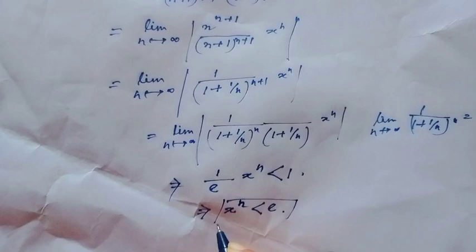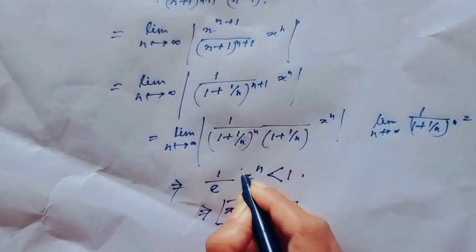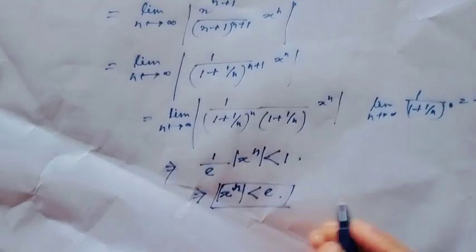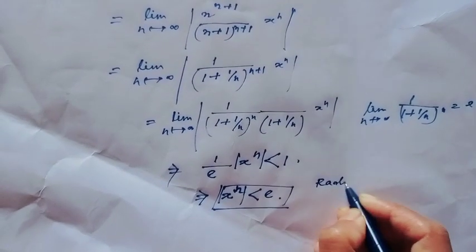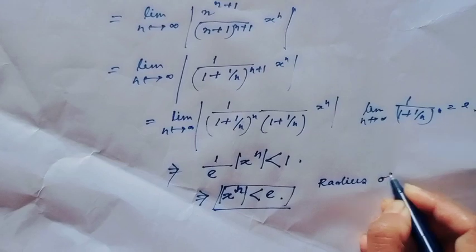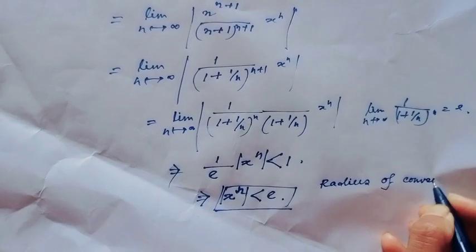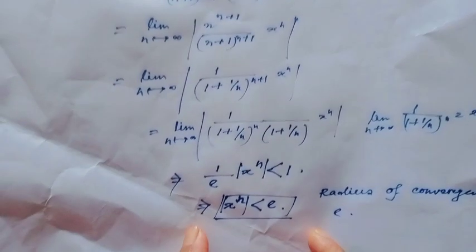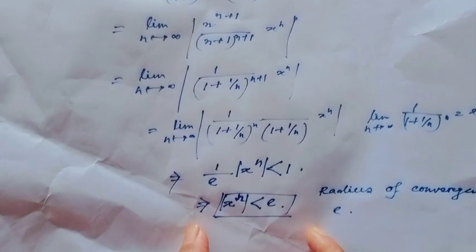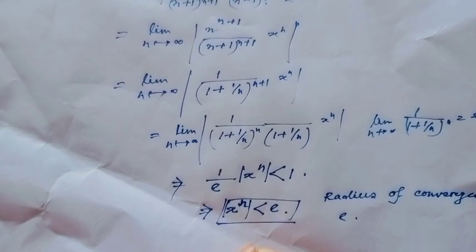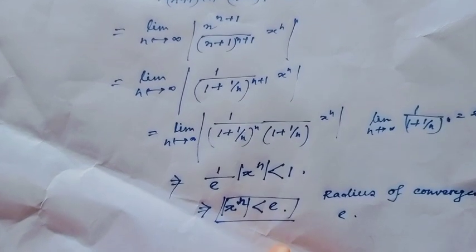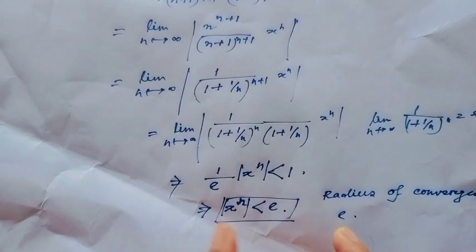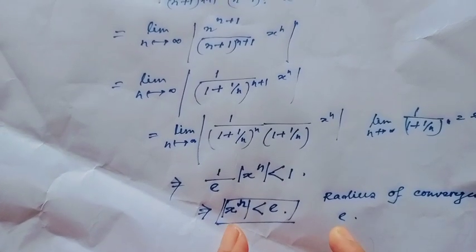From this expression, it is clear that the radius of convergence would be e, because e is the supremum distance of this circle with center 0. Here the radius is e.